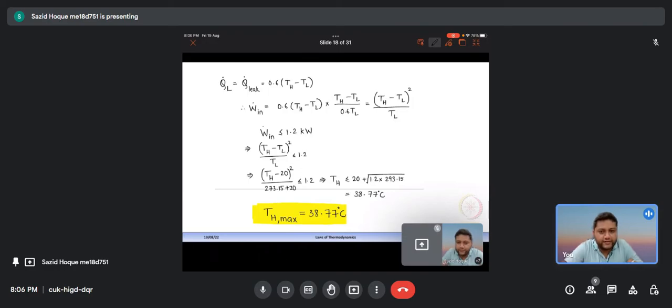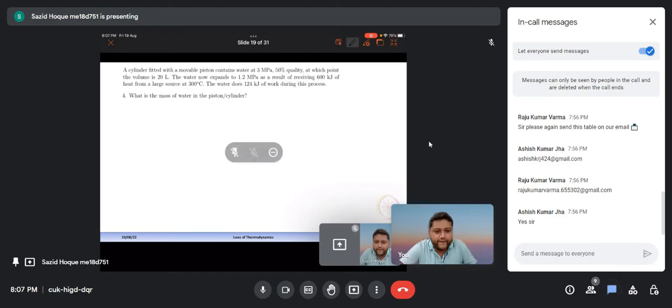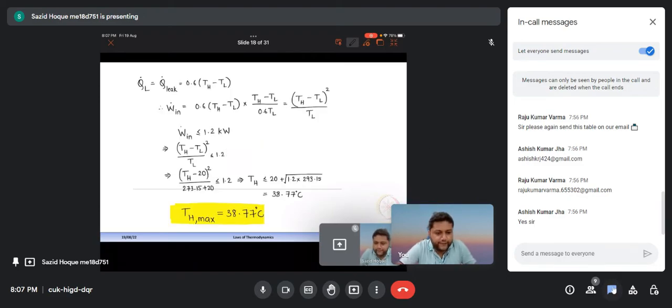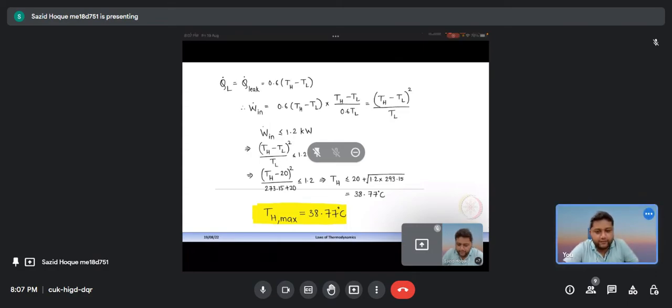The problem will be like this only, or maybe somewhere a paraphrased problem will be there where you have to solve two three questions in a single problem. Yeah, are you able to see? Yeah.